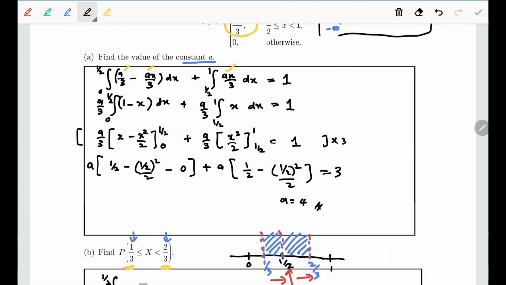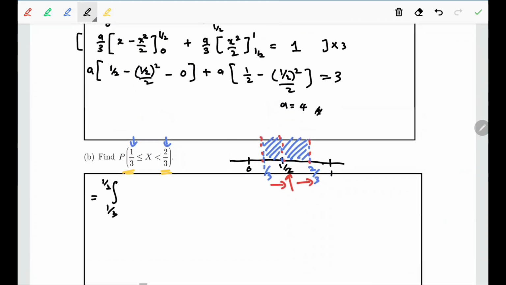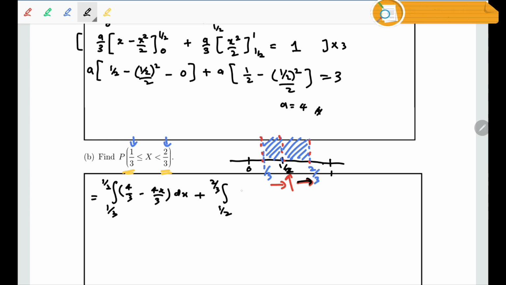Since we have found a, which is 4, it means we have to integrate 4/3 minus 4x/3 dx, plus integrate the second part, from 1/2 until 2/3, for the different function, which is 4x/3 dx.